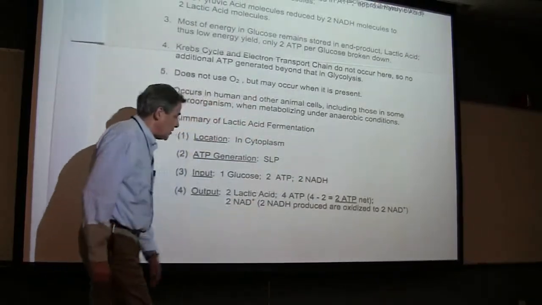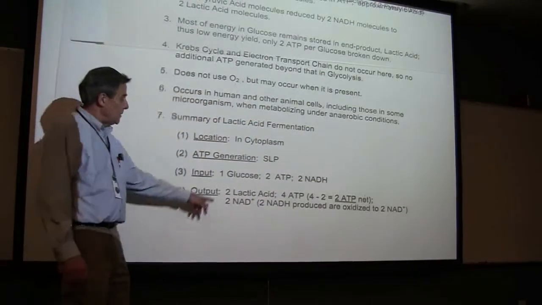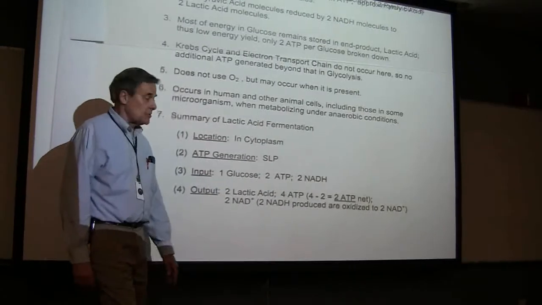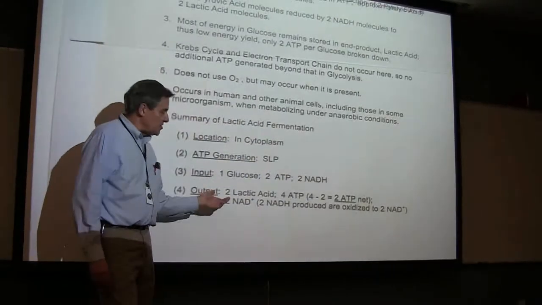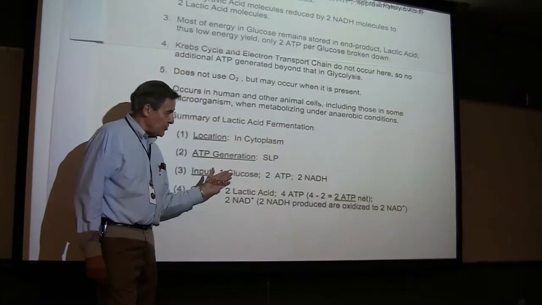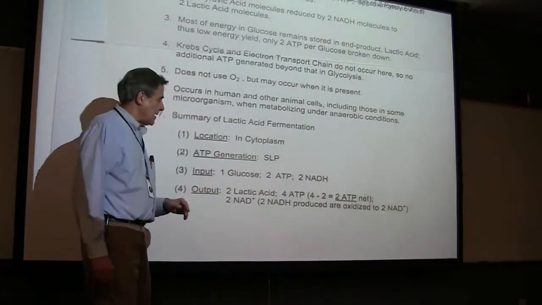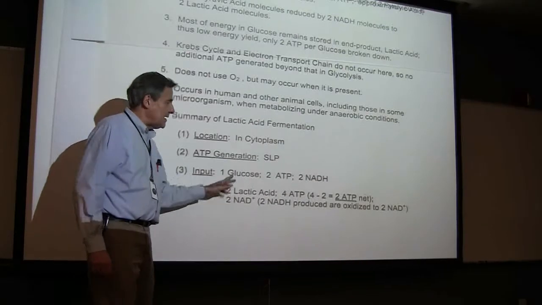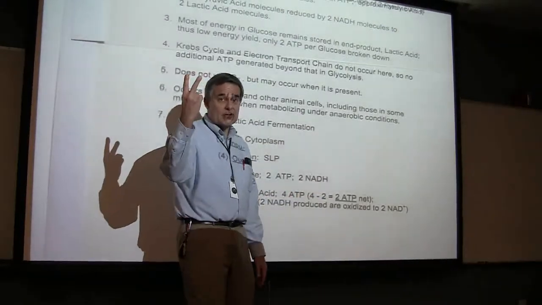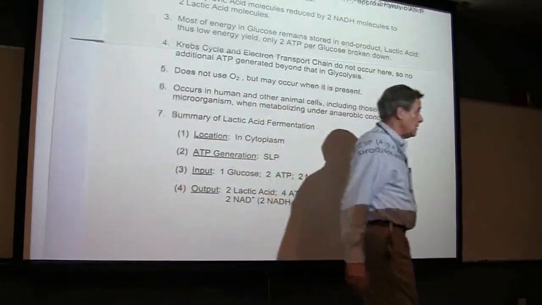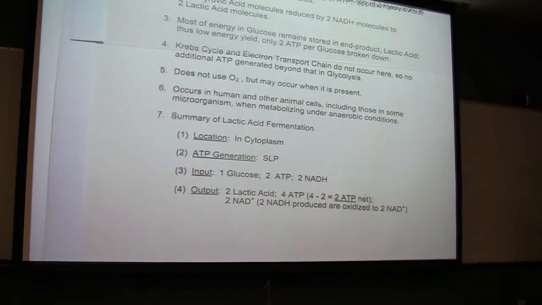So we use those molecules. The output then, 2 lactic acid molecules, a net of 2 ATPs, and again, you've lost the NADH because it provided the energy to convert the pyruvic acid to lactic acid. So all you have here is an NAD. So your energy storage molecules, 2 ATPs net. And that's it for each glucose.